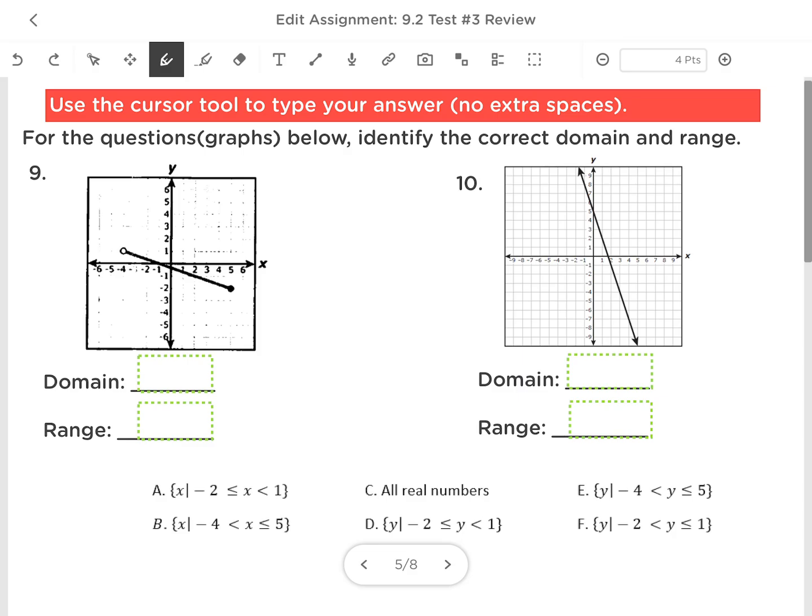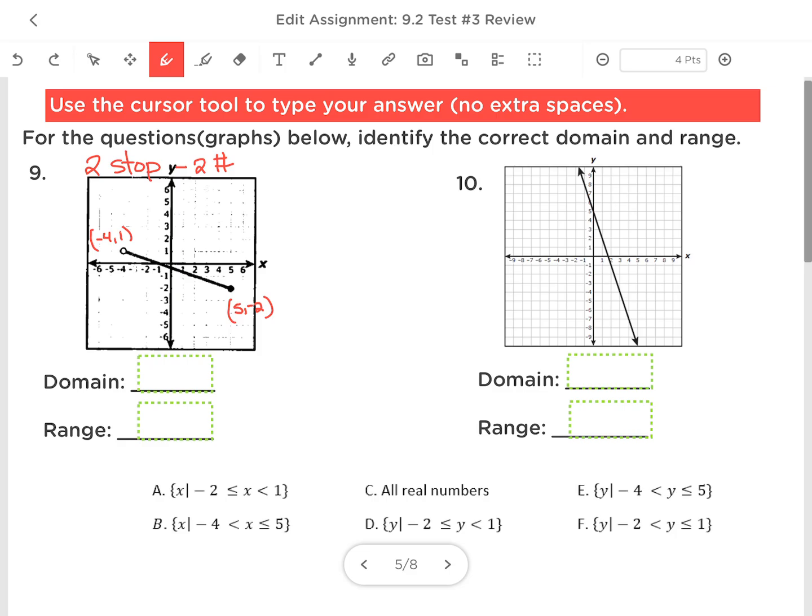If we look at number 9's graph, we have 2 stops, which means we're going to have 2 numbers. So first, let's label the point. So this looks like it's negative 4, 1. Okay, and this over here looks like it's 5, negative 2.